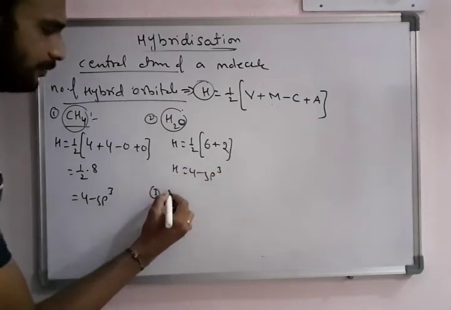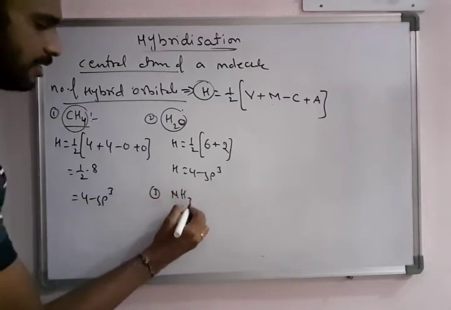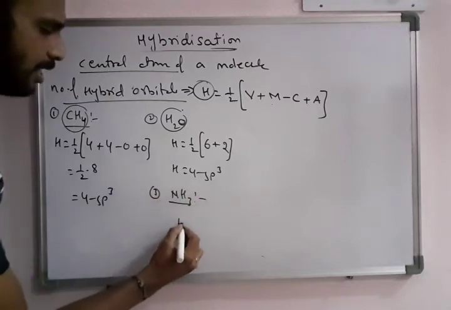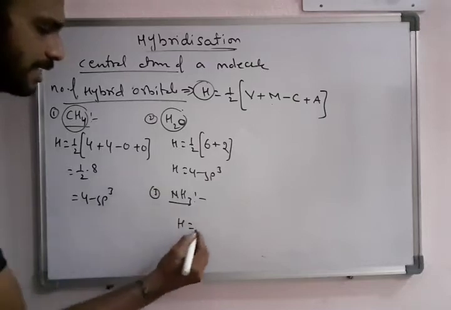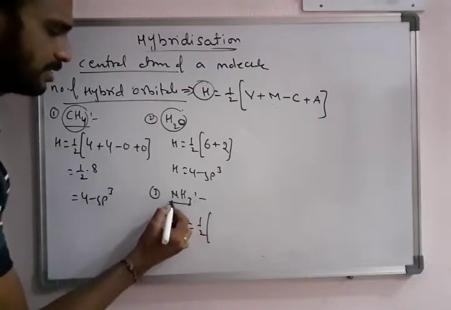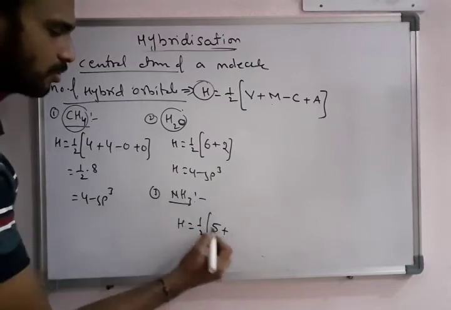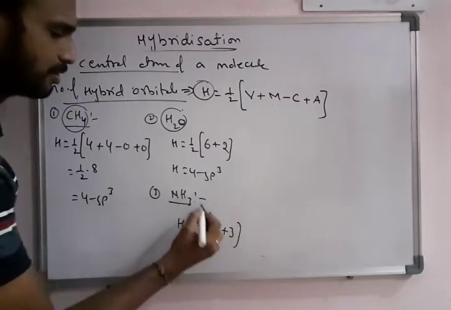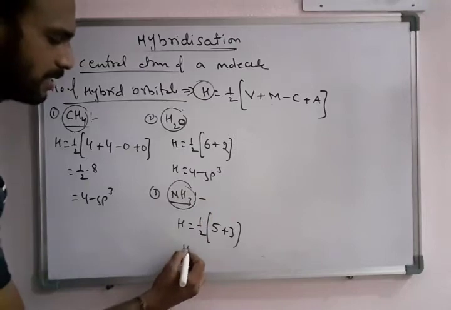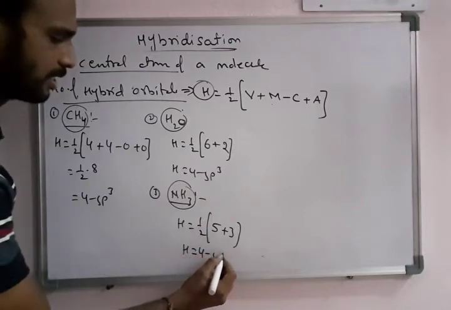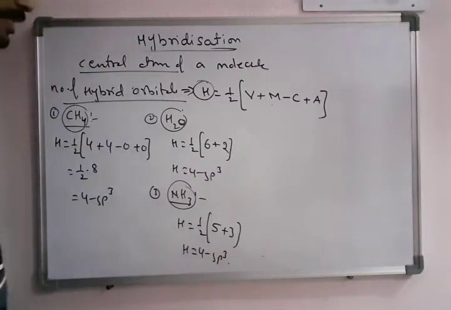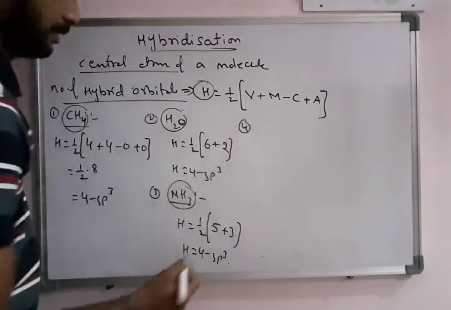Similarly, if you take ammonia, we must know about the central atom. Nitrogen belongs to the 15th group. It has 5 valence electrons. There are 3 monovalent atoms. There is no charge on the total species. So it is also sp3 hybridization. So see some more examples.